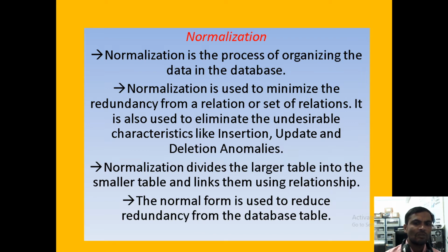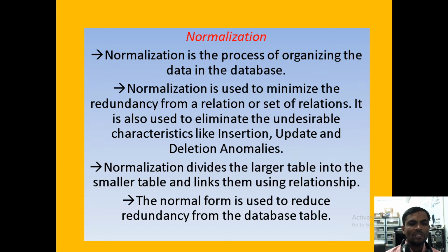Just now you saw the relationship existing between two attributes in the functional dependency definition. Now, to eliminate redundancy under normalization, we split the table. Normalization divides the larger table into smaller tables and links them using relationships.